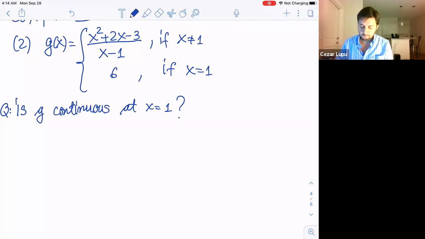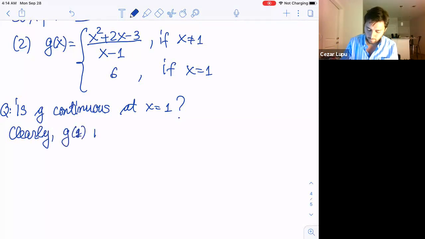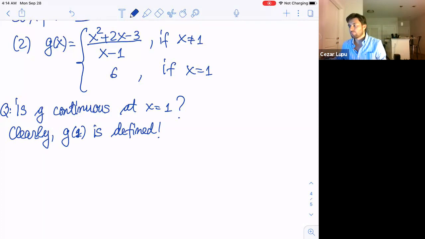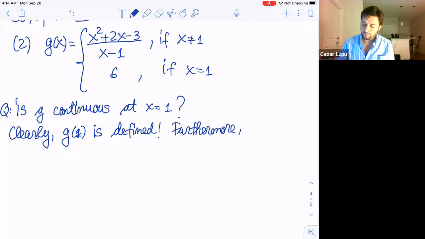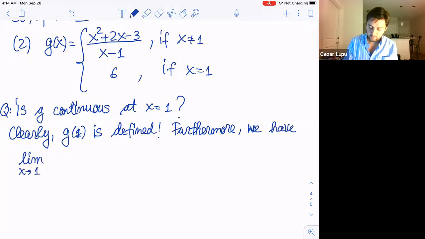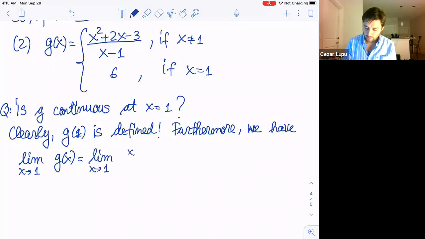Furthermore, the limit as x approaches 1 of g of x is just the limit as x approaches 1 of x squared plus 2x minus 3 over x minus 1.